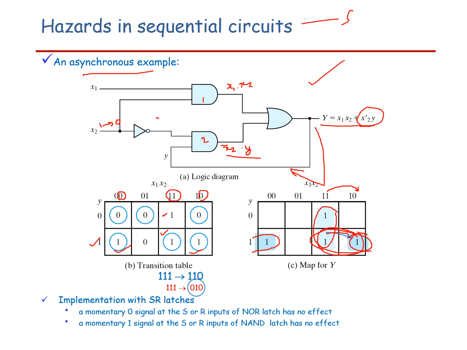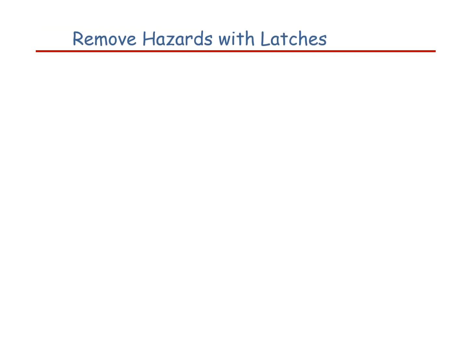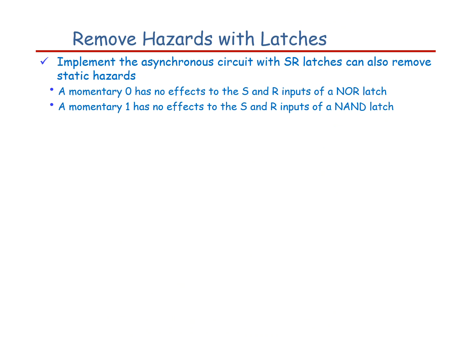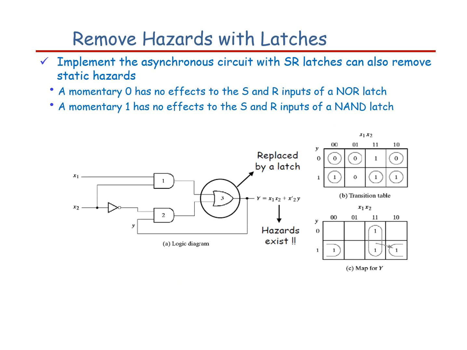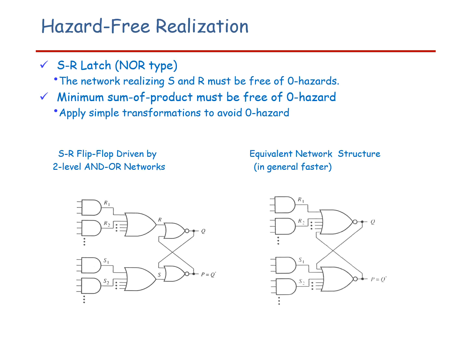The other way is to use an SR latch, in which a momentary 0 signal at the SR inputs of a NOR latch has no effect, and a momentary 1 signal at the SR inputs of a NAND latch has no effect. During that momentary change, this hazard is removed by adding latches to your output. The hazard exists when x2 moves from 1 to 0. This can be avoided by adding NOR gates at the output, an SR latch.